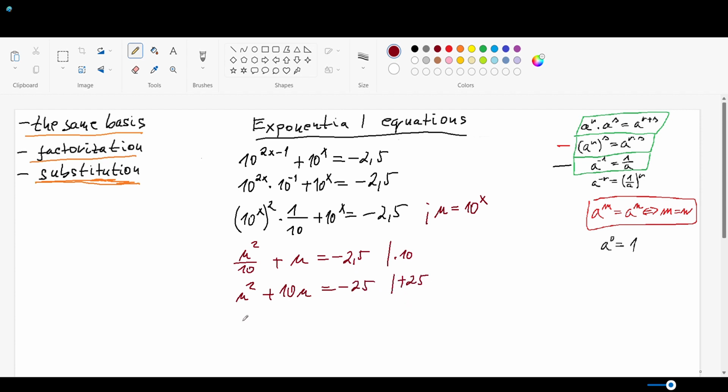Again, plus 25, we will rearrange our equation: u squared plus 10u plus 25 is equal to 0.